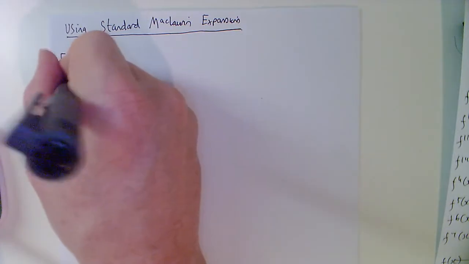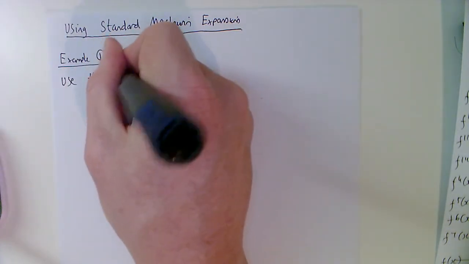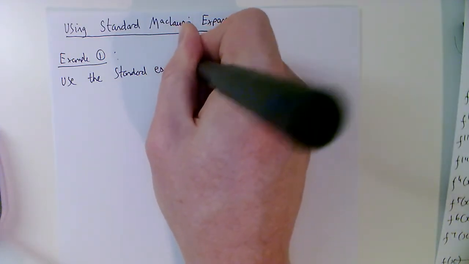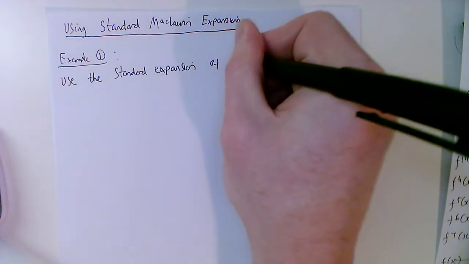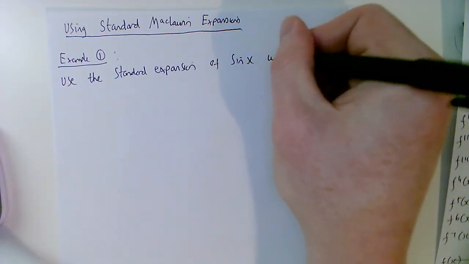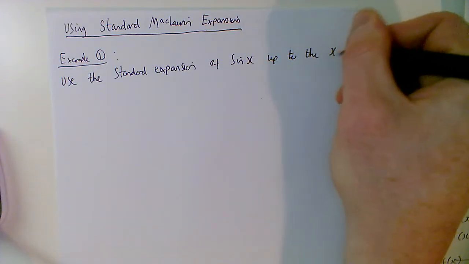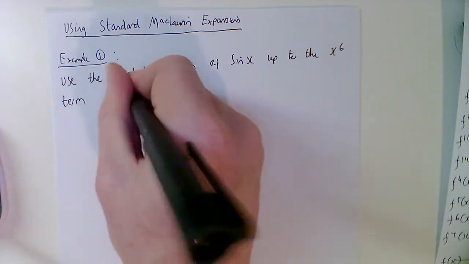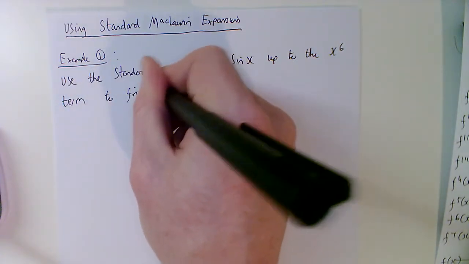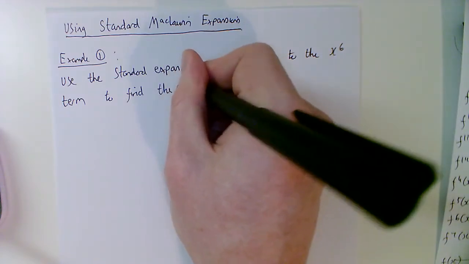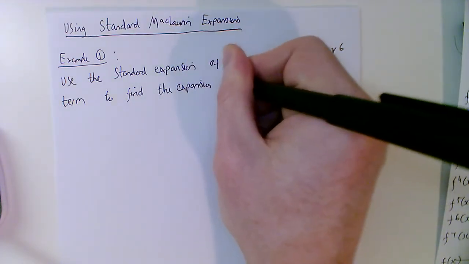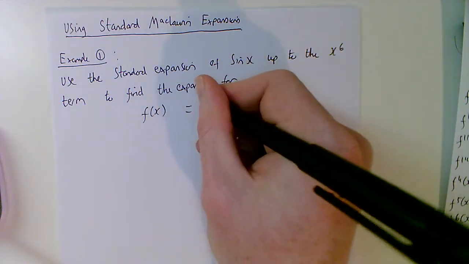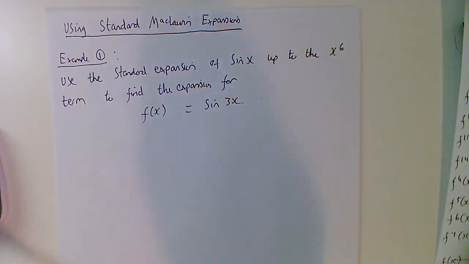So use the standard expansion of sin x up to the x to the power of 6 term to find the expansion for f of x equals sin 3x.